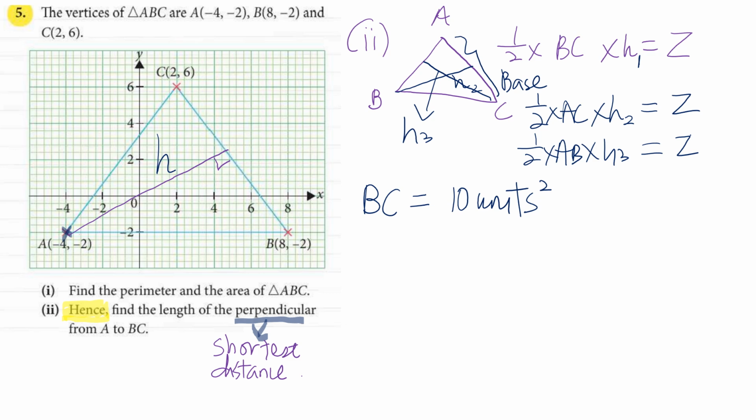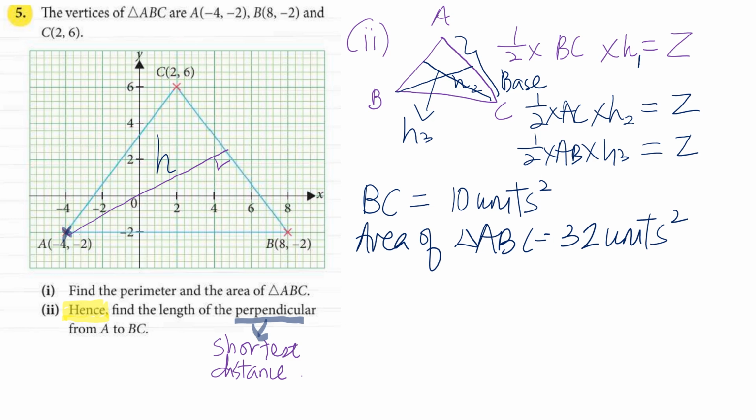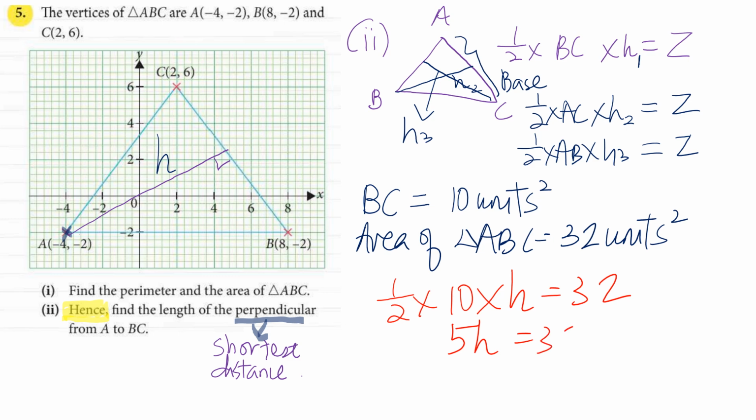All right, and then the area I found it to be 32 units square. So therefore I can just use half times 10 times H to give me 32. And 5H is 32. So H will be just 32 divided by 5.